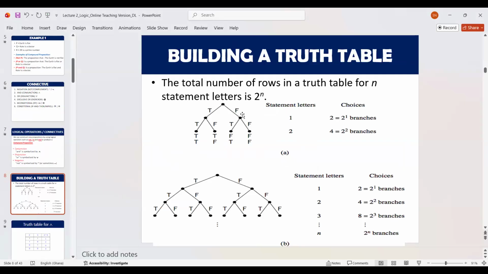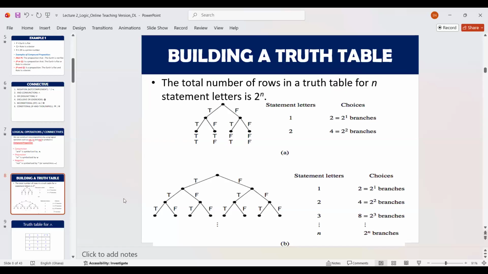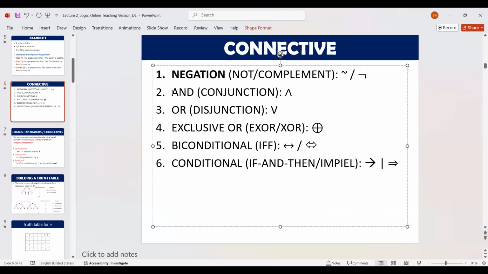Okay, so how do you draw a truth table for it? We are going to borrow the symbol 2 raised to the power n to be able to draw the truth table for these statements. When we are done, then I'll come back to these connectives here and tell you the rules for each of them. When we have negation, for example, what do you do? When you have conjunction, for example, what do you do? On and on.